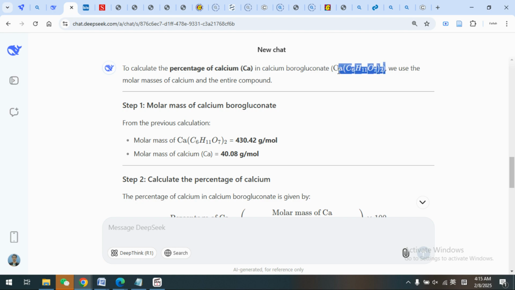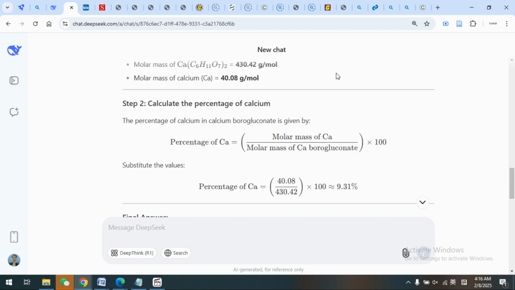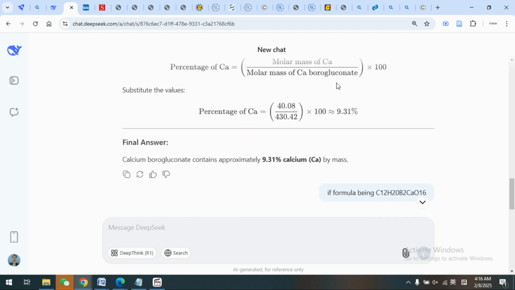It considered calcium gluconate to be calcium borogluconate. Instead of finding the molecular mass of calcium borogluconate, it found the molecular mass of calcium gluconate. So it made an error, and the result is also different.